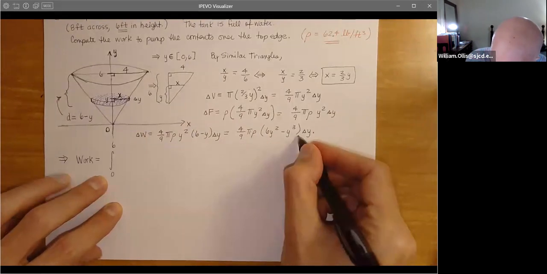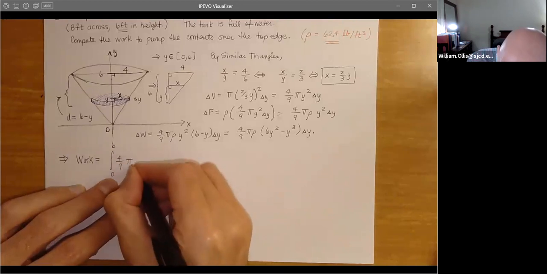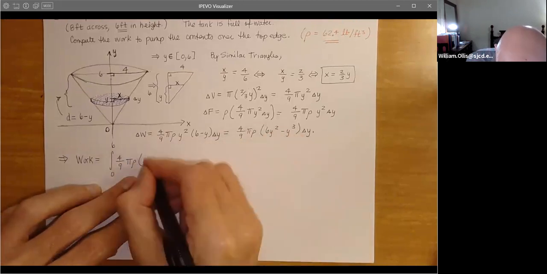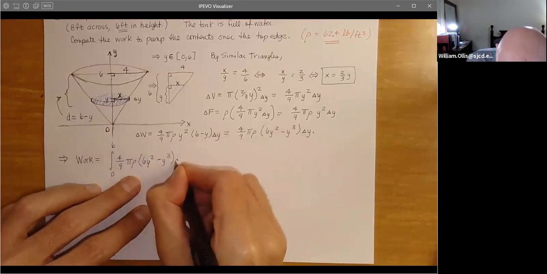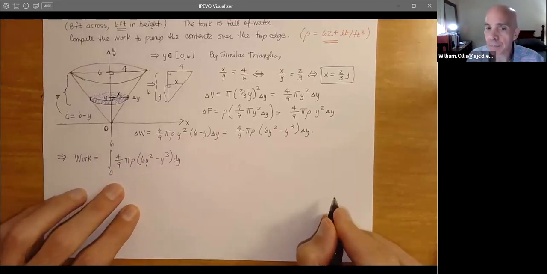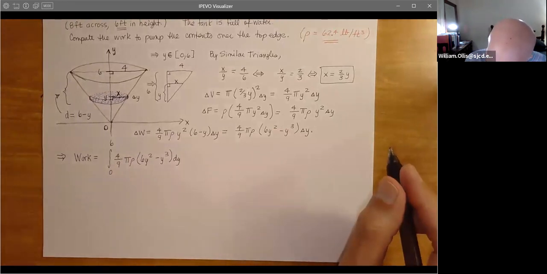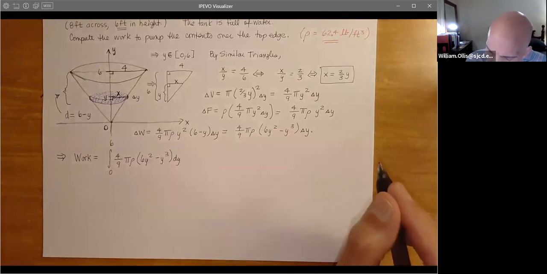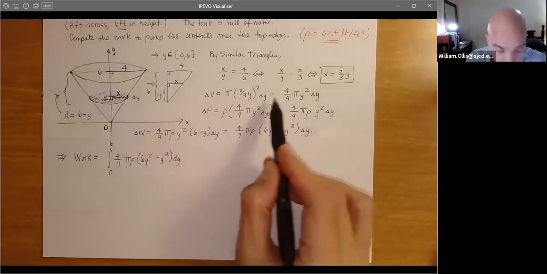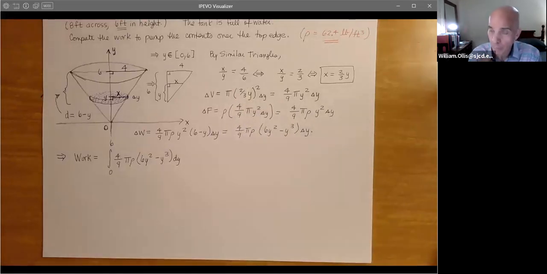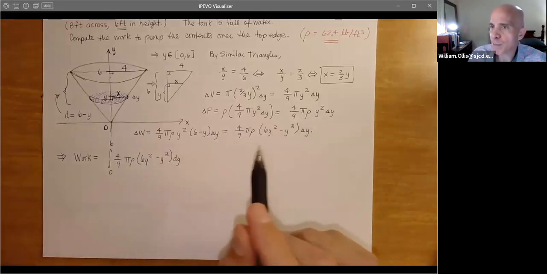And here's our delta W. So we have 4/9 pi rho, and we have 6y squared minus y cubed dy. Okay? So again, this is just add 1, divide by the new power, so to speak. Now, one important thing is, like I say, don't underestimate the law of similar triangles, and be careful when you run the ideas through about just the basic geometry. That's where it's easy to slip up and just make a very simple error.